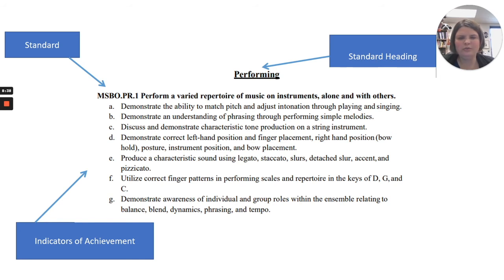So we use those skills below in A through G to demonstrate that we have learned that skill and that standard. For example, by the end of 6th grade, students should be able to use the finger patterns of D, G, and C major. And so that would demonstrate that they can perform a varied repertoire of music.